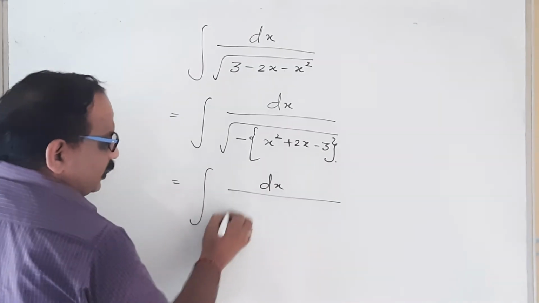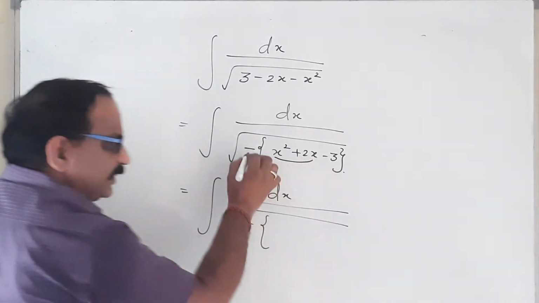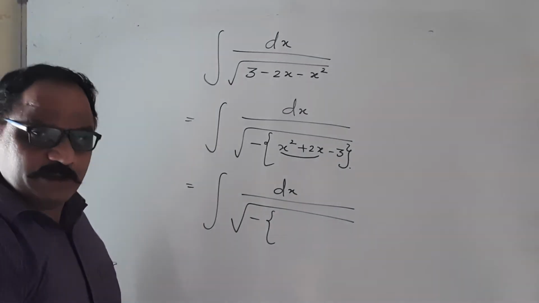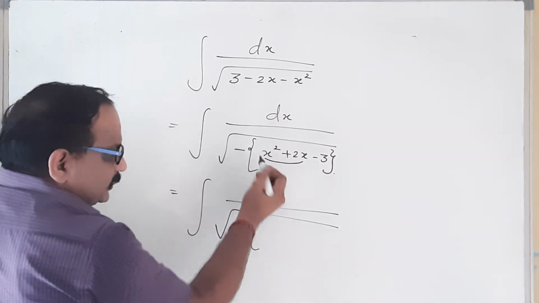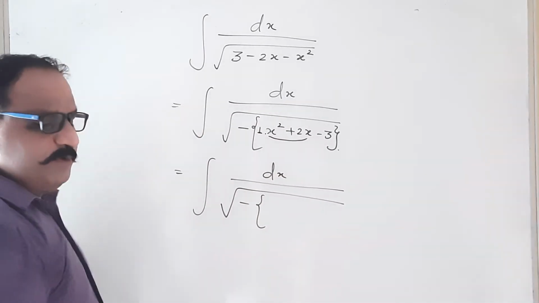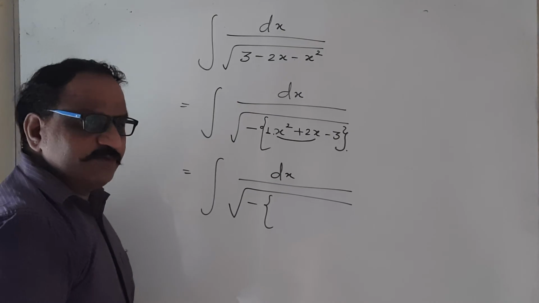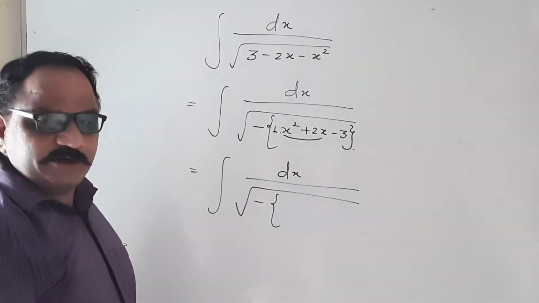Now dx upon under root of minus, here I should make the perfect square by using the terms of x. We should combine all the terms which have x. So I should make them together. Here the coefficient of x square, again I remind you, should be 1. If it is not 1, then we should make it 1 by taking it as a common component. Here fortunately it is 1, so it's not a problem.